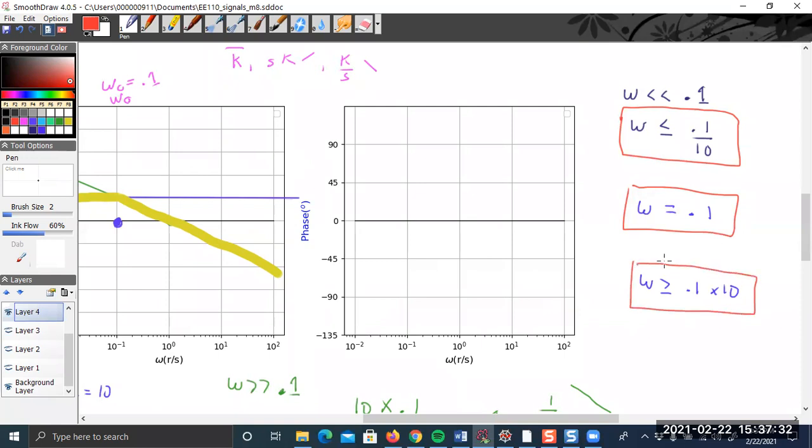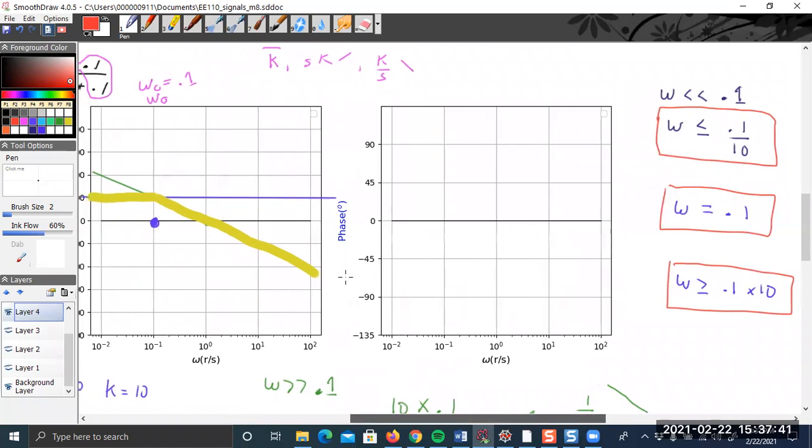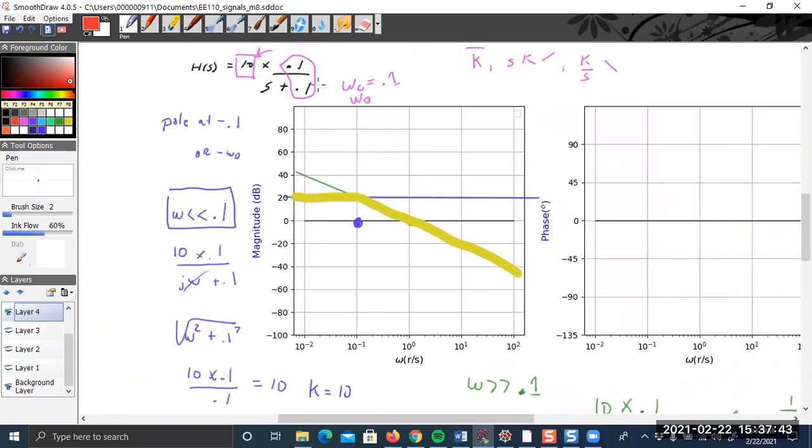Now, with the magnitude, we had one pole. Right? And all we had to do was worry about when it is a lot less than and when it is a lot greater than. We got two asymptotes and then just connected them together.